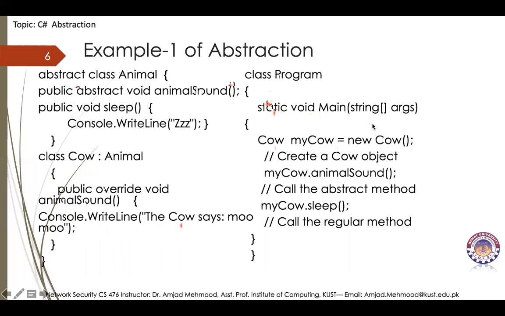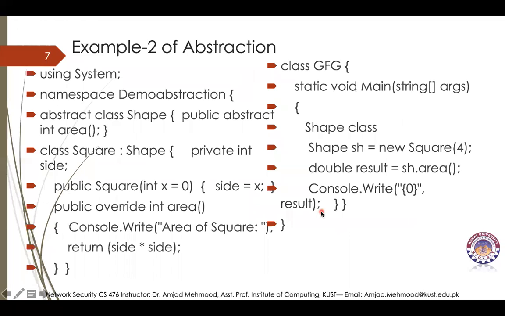We are using the default constructor, so the object will be created and assigned to my cow. My cow is bound with this animal sound. So this will be called, and now it is calling my cow dot sleep.